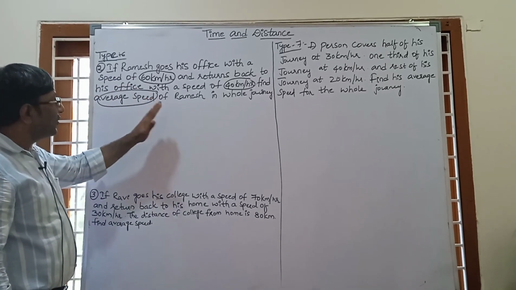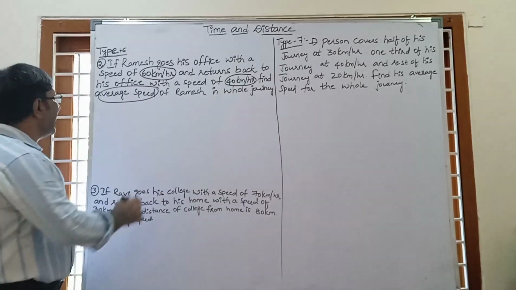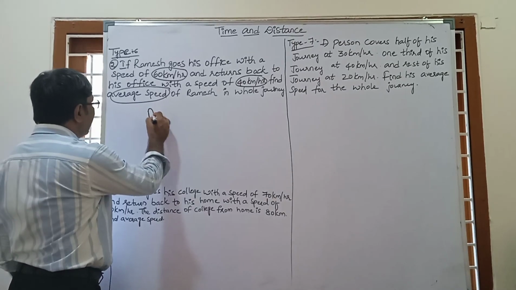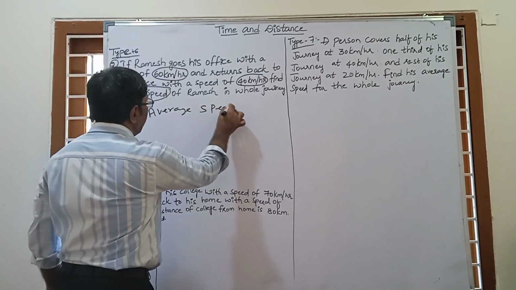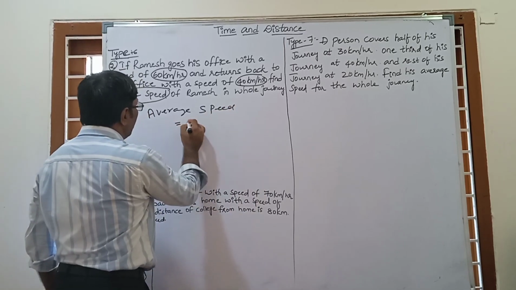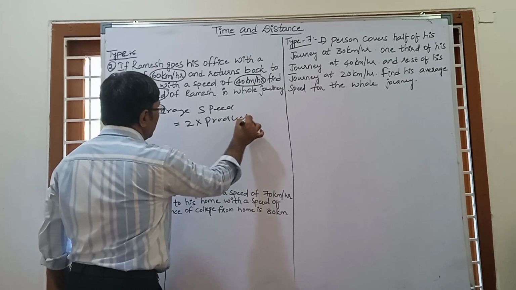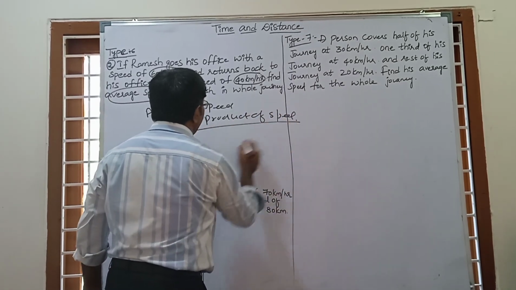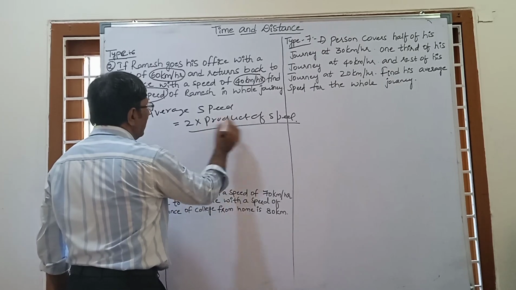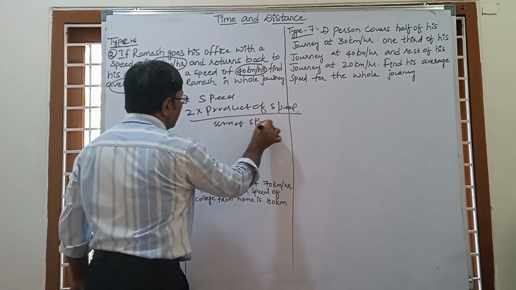So when the distance is the same, we apply this technical formula: average speed equals 2 into the product of speeds, divided by the sum of speeds.